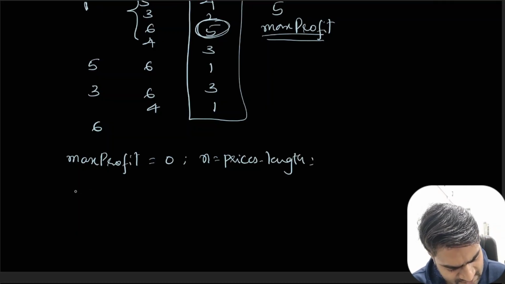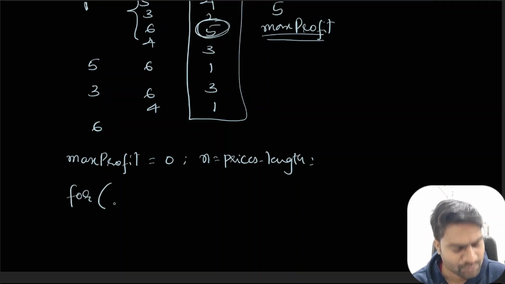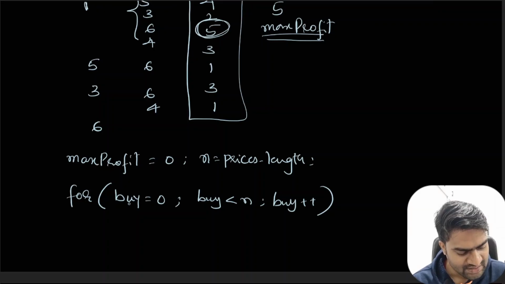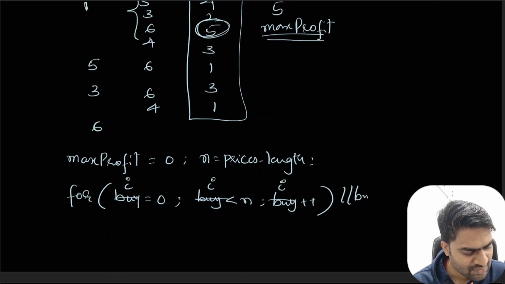Okay. Now what I will do, I will use a for loop. So first for loop is for buying the shares or stock. So buy equal to 0, buy less than n, buy plus plus. Or you can simply take it as I for simplicity. I will take it as I. So this is for buying.